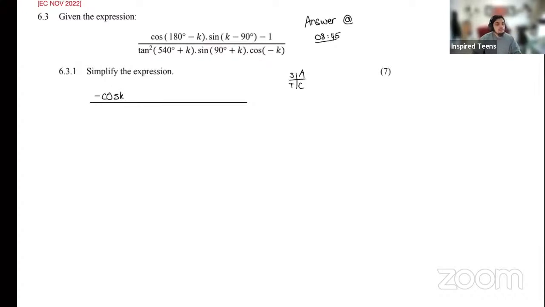Why? Because 180 minus, sine is positive there, cos is negative. So negative cos k. Then we have sine k minus 90. Now the issue here is that we have this negative reduction angle. We do not want a negative reduction angle.